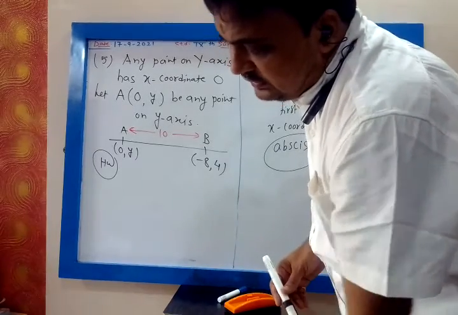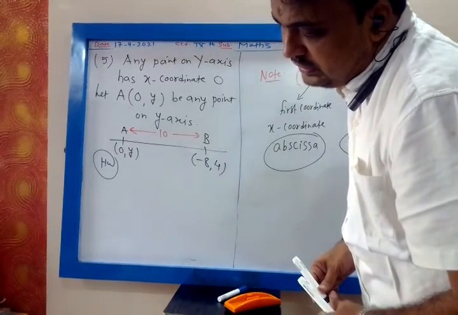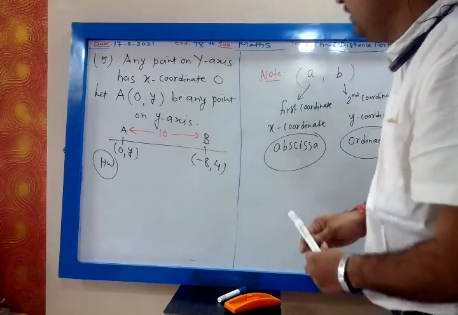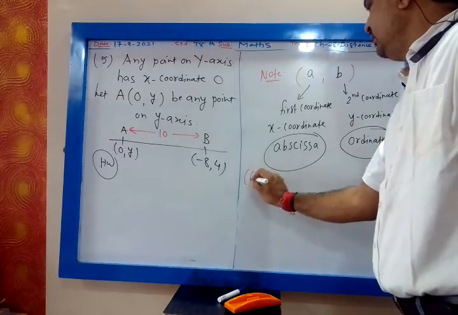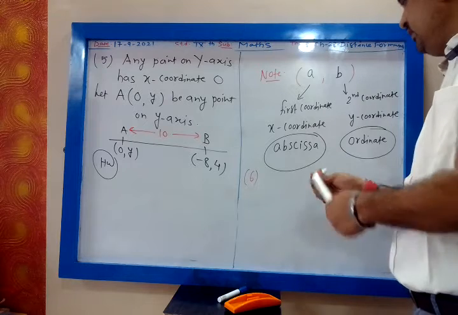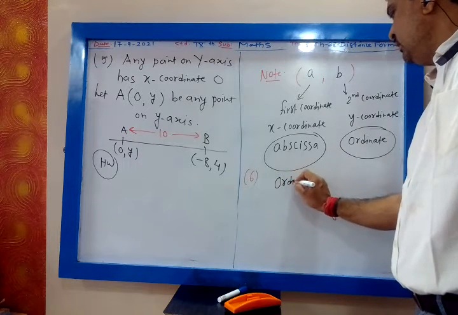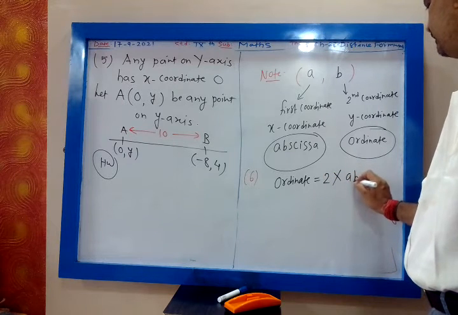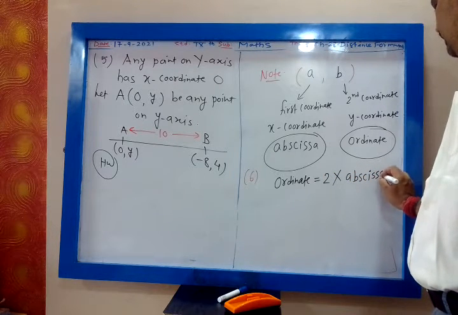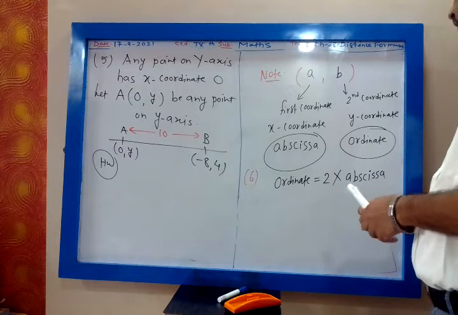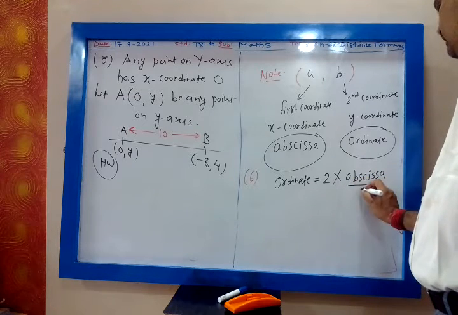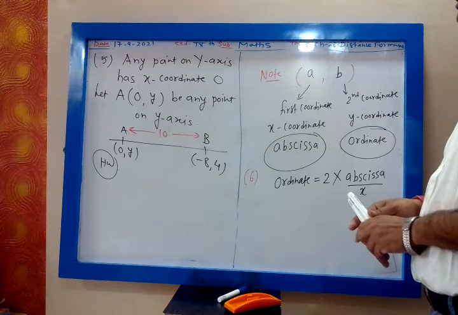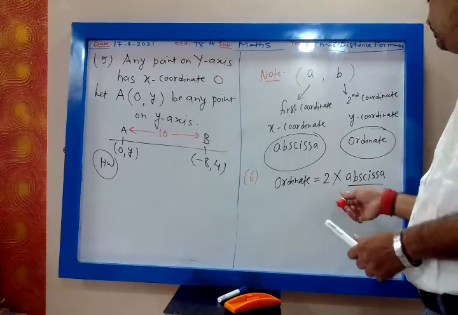A point A is at a distance of root 10 units from the point 4, 3. Find the coordinates of the point A if ordinate is twice its abscissa. So if you take abscissa as x, then ordinate will be 2x.